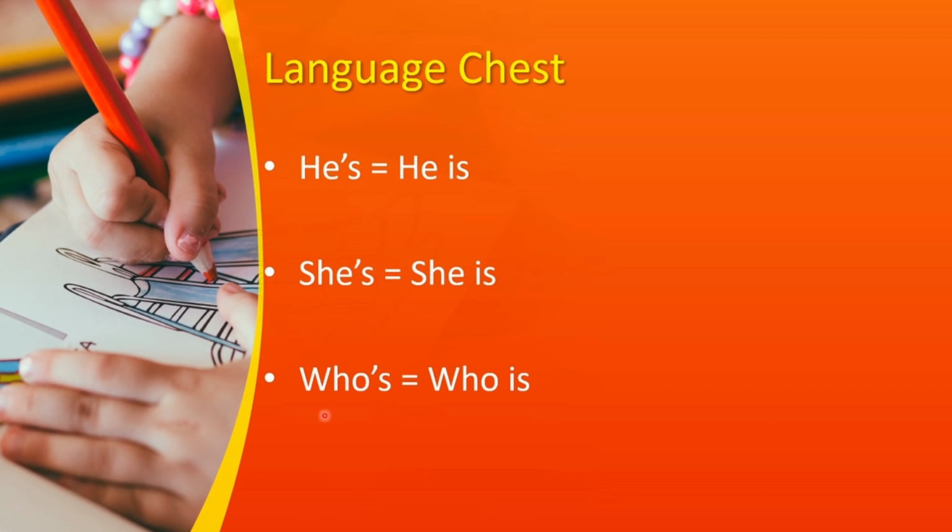And the last word is who's, who's, with the same meaning as the words who is, who is. Okay, let's have he's, he is, she's, and she is. Let's use these in a sentence.